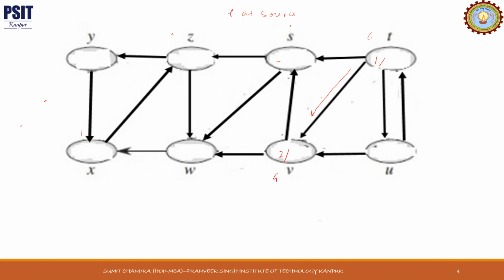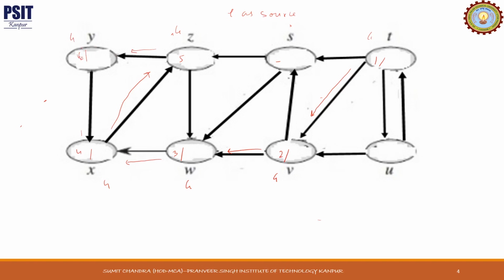From here suppose I am going to W, so color gray, start time 3. From W suppose I am going to X, so color gray, 4. From X suppose I am going to Z, so color will become gray, 5. And from Z I am going to Y, so color gray and 6.